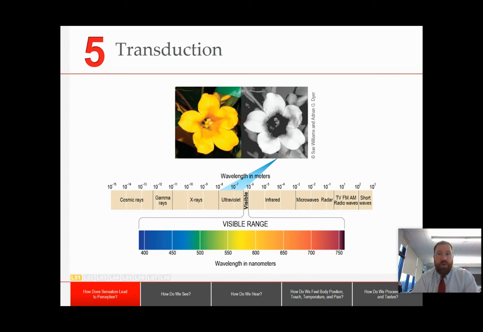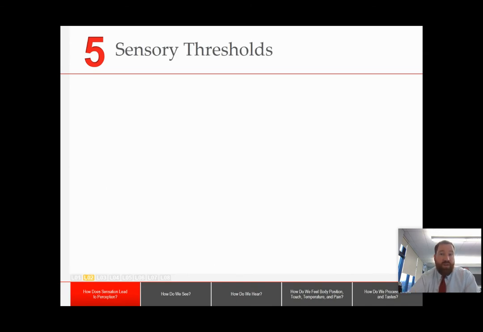Okay, so let's talk about thresholds. Just like when we talked about neurons, that there has to be a certain threshold in order for a neuron to fire, sensory thresholds work the exact same way. Some information being sent into the eye, just to use visual examples, is so weak, so faint, so far away that we just don't see it, right?